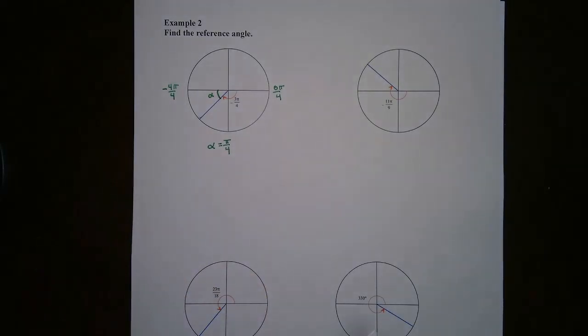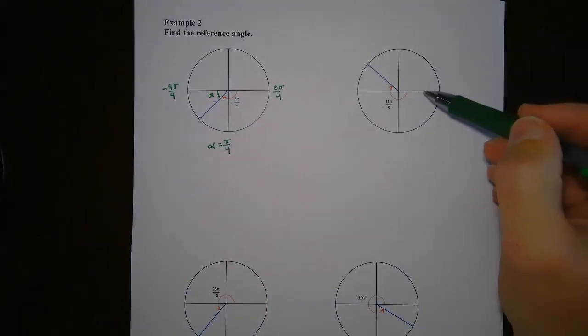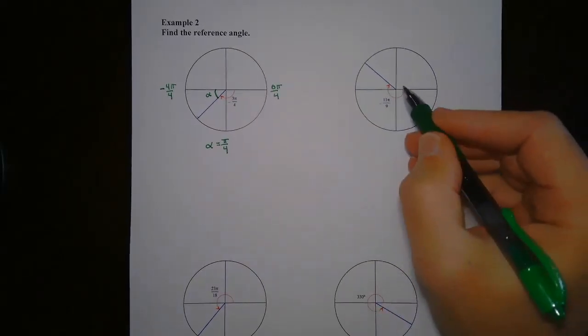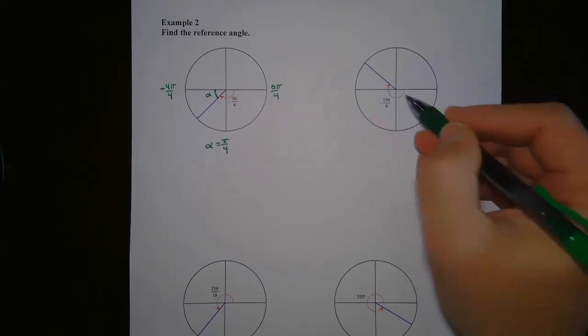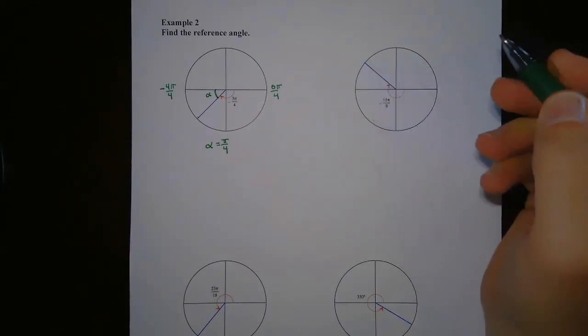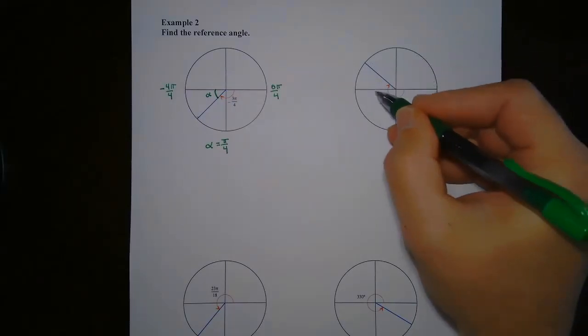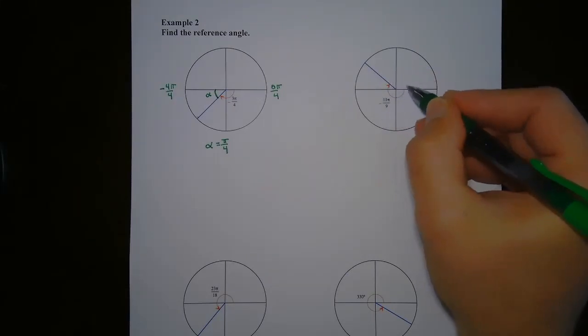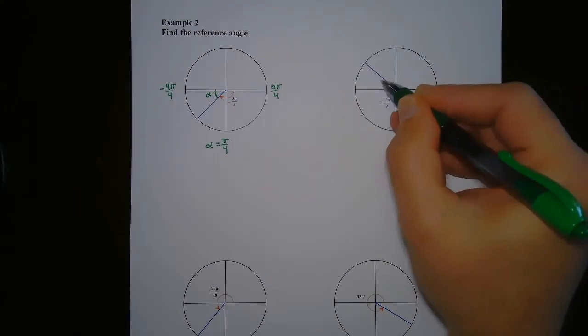Okay, this next one. Here's the terminal side. It's in the second quadrant. I have a negative angle rotation. The reference angle is the angle made between the x-axis and the terminal side. So it's not this one, because that's not acute. It would have to be this one right here.